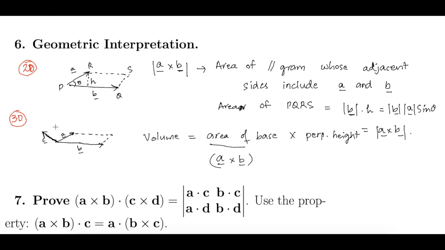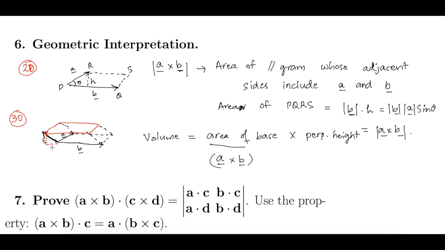For example, now this goes like this, this goes like this, and we have this situation. So what is the perpendicular height? The perpendicular height is this one, right? So this is my perpendicular height.